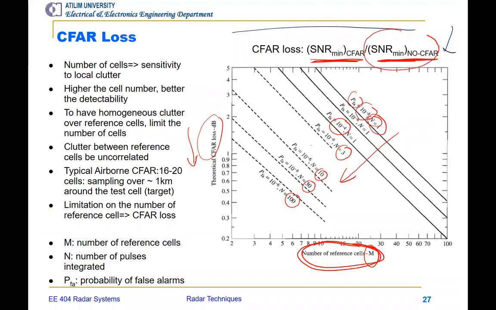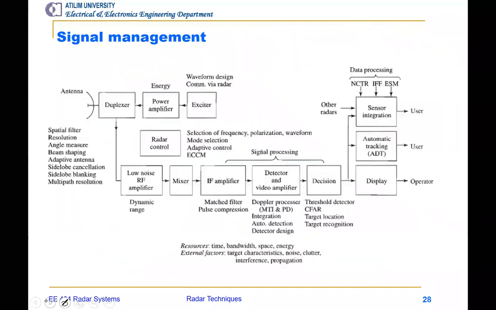So this is the case where we got simply pulse integration for any specific PFA and PD. Once we got it, we use CFAR, and then the SNR, of course, increases, and then we are looking at how the CFAR loss is dependent on the number of reference cells.